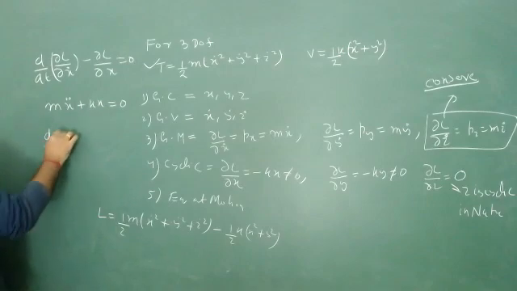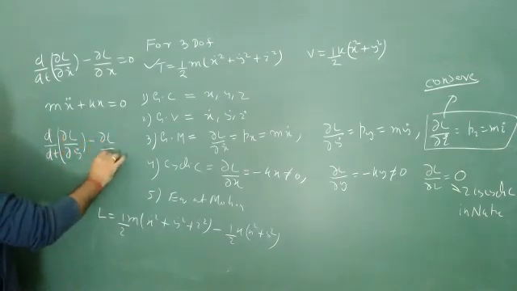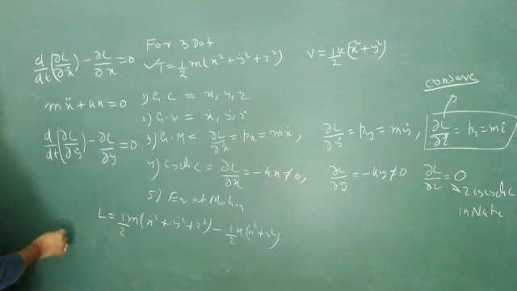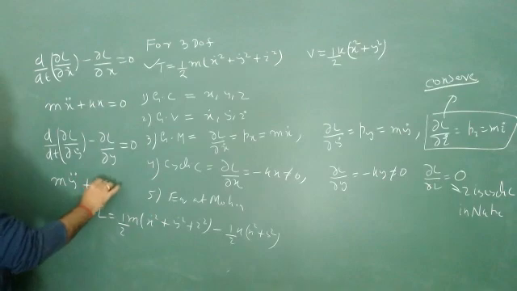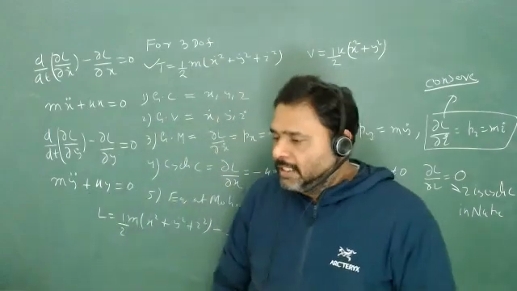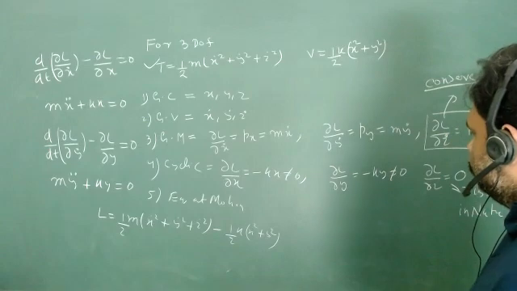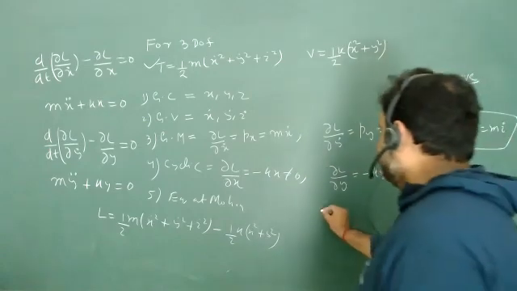The second equation of motion: d upon dt of del L upon del y dot minus del L upon del y is equal to 0. Again, you will get m y double dot plus ky equal to 0. Now, should I write the equation of motion for the z coordinate also? Yes, sir. Let's see what comes.